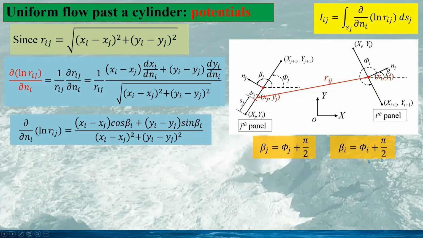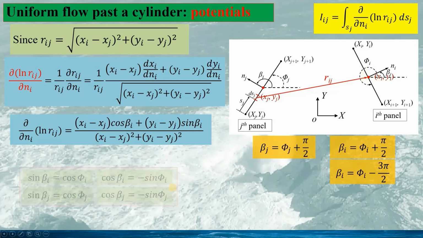See here, it's not always that. But if we write this expression beta I equals phi I minus 3 pi divided by 2, that means we can subtract 2 pi from this expression, and the angle beta I would not change. So this expression is exactly the same as this.